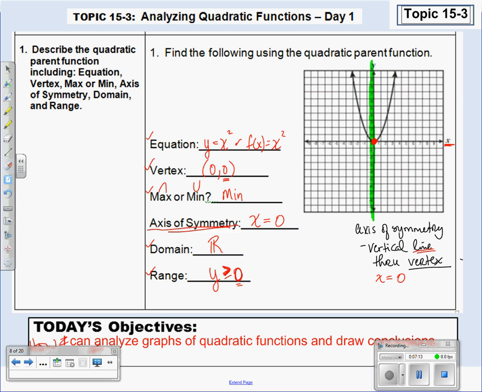Now this axis of symmetry, this vertical line, is related to the x-coordinate of the vertex. Because when we drew it, we had to start at the vertex and we drew a vertical line through the vertex. So if you know your vertex and the x-coordinate, you're going to know your axis of symmetry or the equation for it.